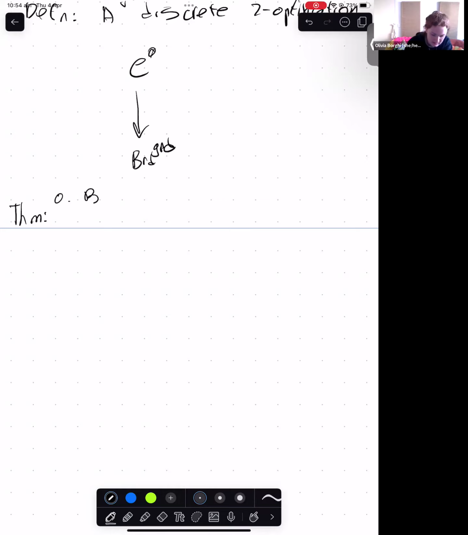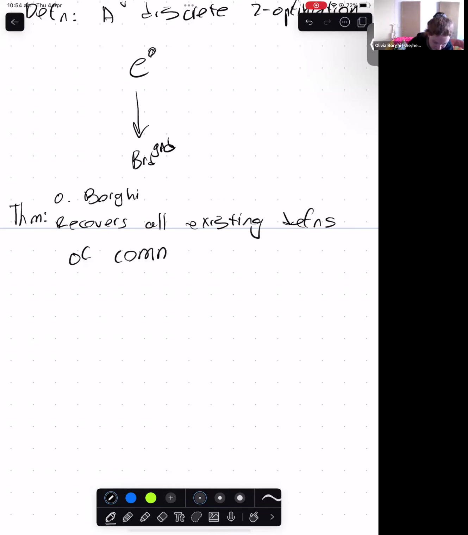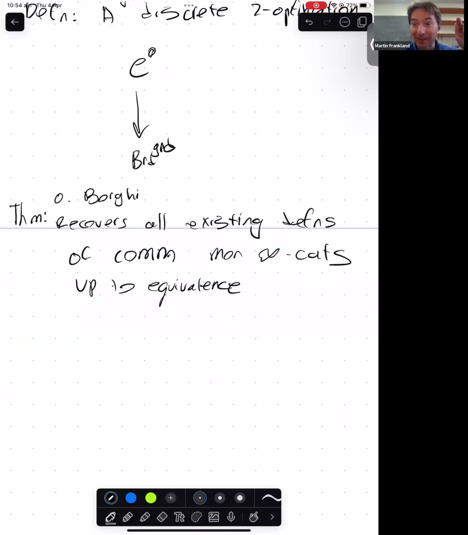This definition recovers all existing definitions of commutative monoidal infinity categories, and that includes symmetric monoidal, up to equivalence. So it's a theorem that depends on the date for its validity, up to the point of writing.